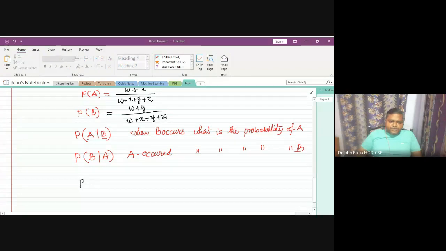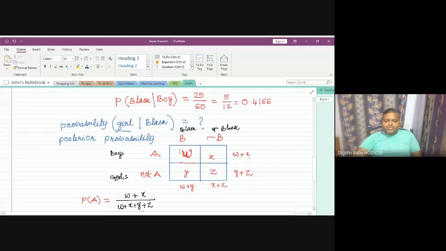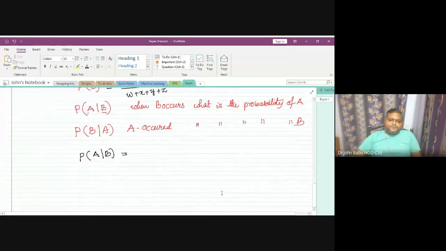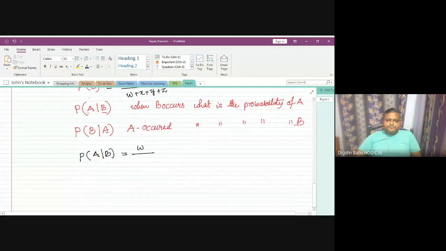P of A by B is, when B happens, the A value is W by total. B values are W plus Y, isn't it? Yes, sir. W plus Y.